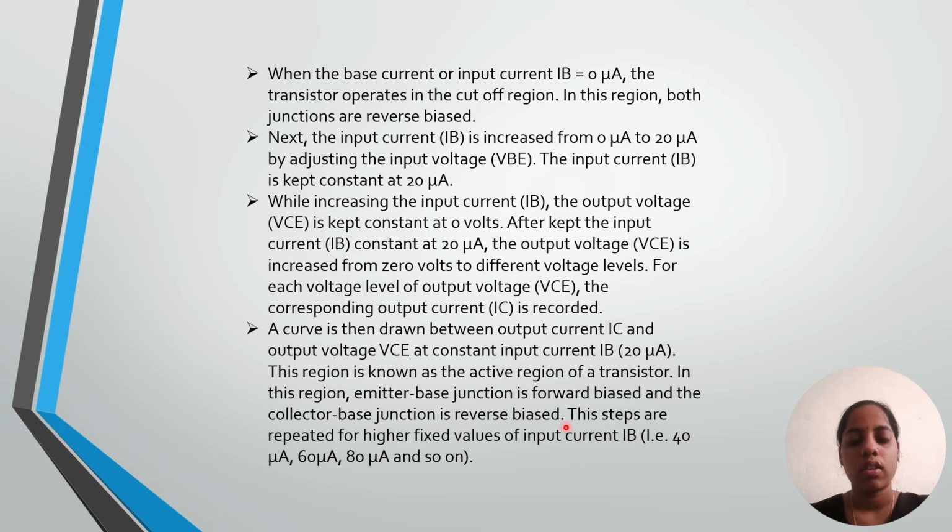This is what we saw in the previous slide. These steps are repeated for higher fixed values. When we keep IB constant in the output characteristics, the value increases to 40, 60, 80, 100 microamperes, like that.